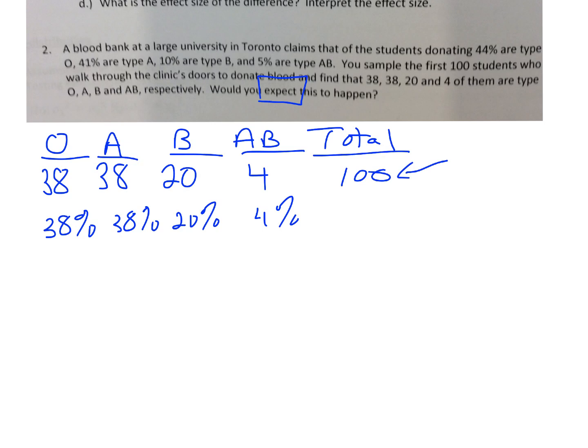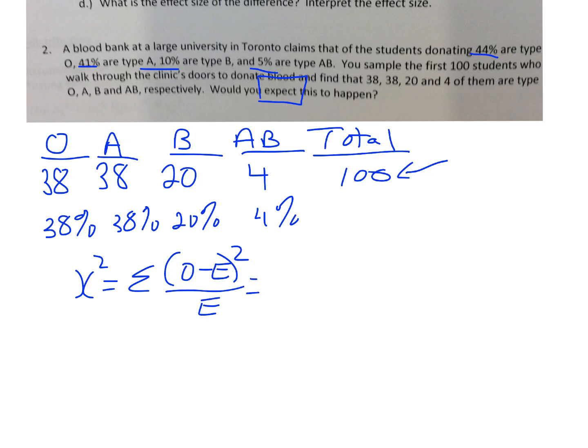We're going to compare those percentages to the ones given in the claim, and that's all of these values up here. We want to see if that observed versus expected is within the normal range, and that means no difference between them. Our chi-square formula is just the sum of all of the observed minus the expecteds squared over the expecteds.